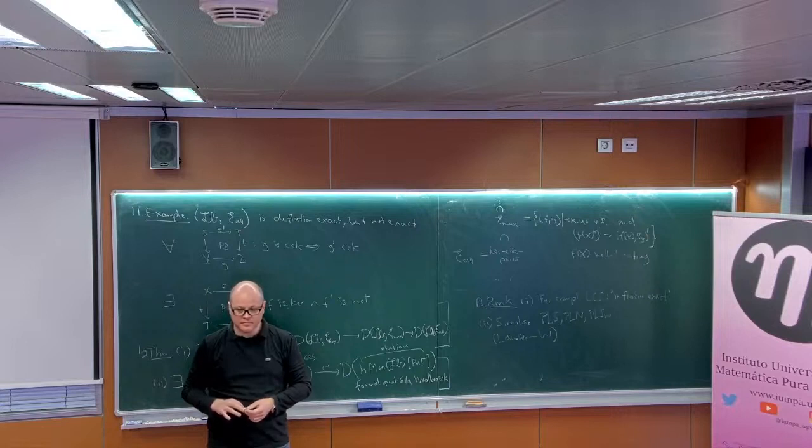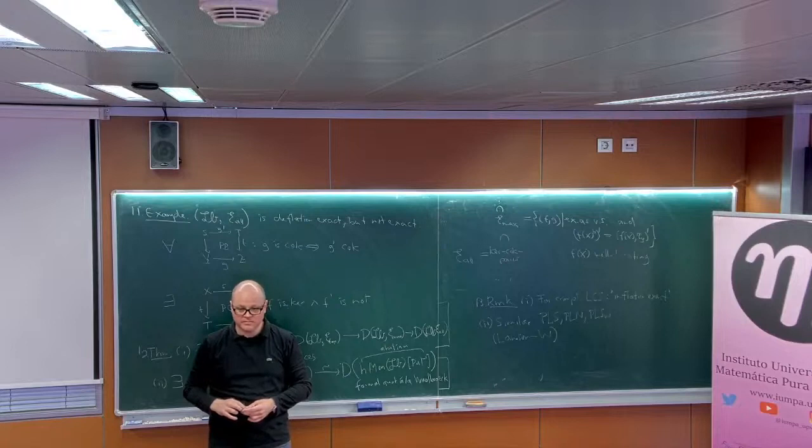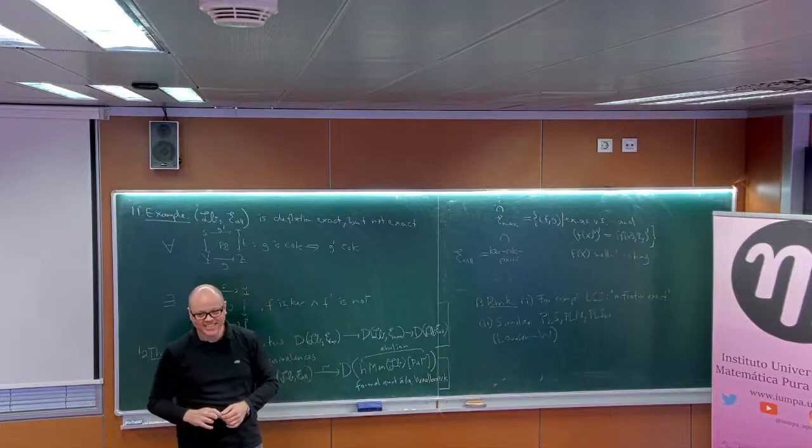A more concrete question would be: here is your linear partial differential operator on the space of distributions. You may want to know when it has a continuous linear right inverse. Then you take the kernel, and the sequence needs to split. You can formulate that in these terms. This is the point of view that I was at some point interested in.